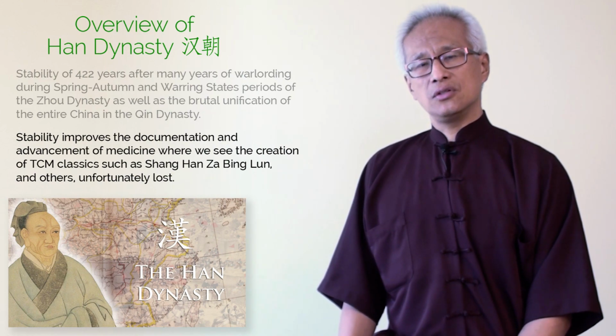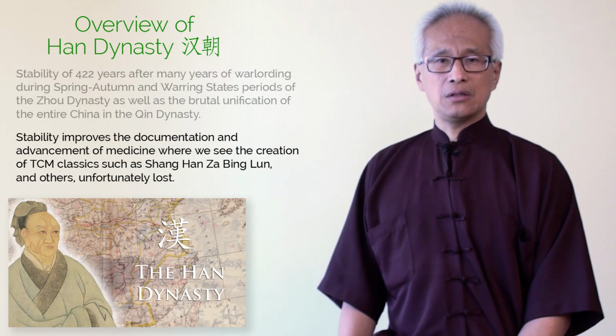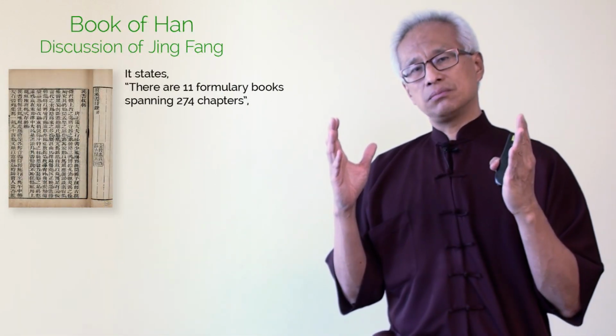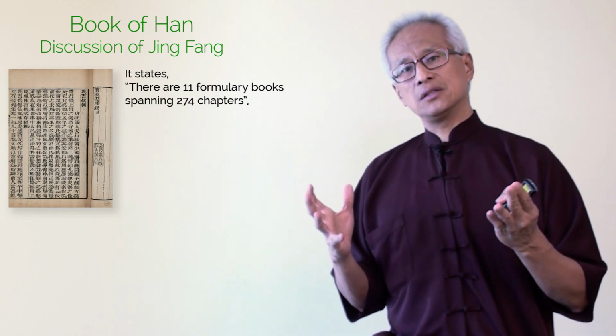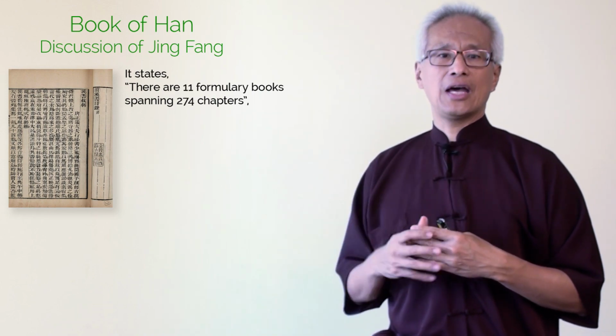But regardless, you need to know that Shanghan Zabing Lun is not the only classic that appears in the Han Dynasty. So in the Book of Han, this historical documentation, when you talk about Jingfang, this is how it states. It says that there are around 11 formulary books spanning about 274 chapters at that time.